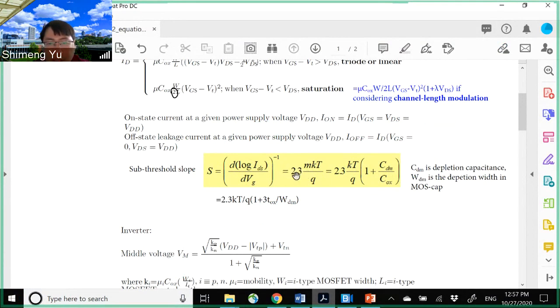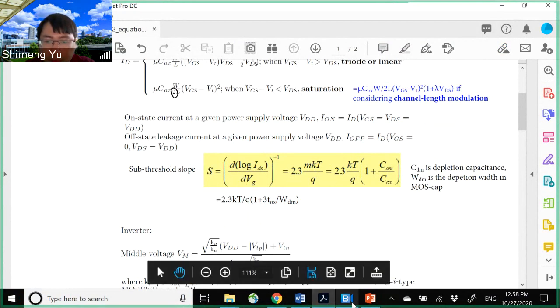If you convert that, then natural log 10 is 2.3. And then kT over q is the thermal voltage. You know this at room temperature is 26 millivolts. But you see S is proportional to the temperature. So if temperature is lowered, then this S will be smaller. So the slope will be steeper.